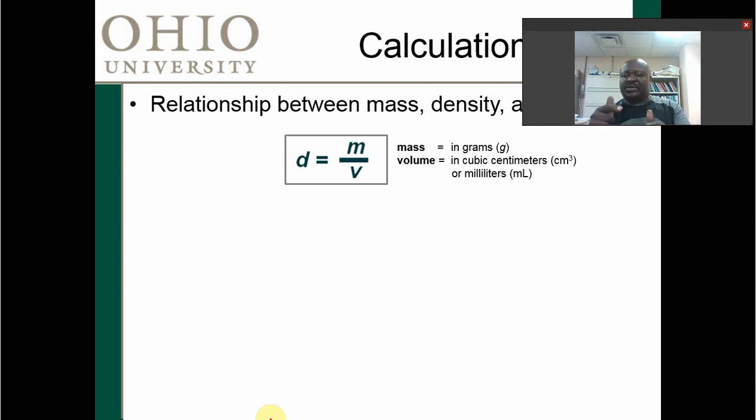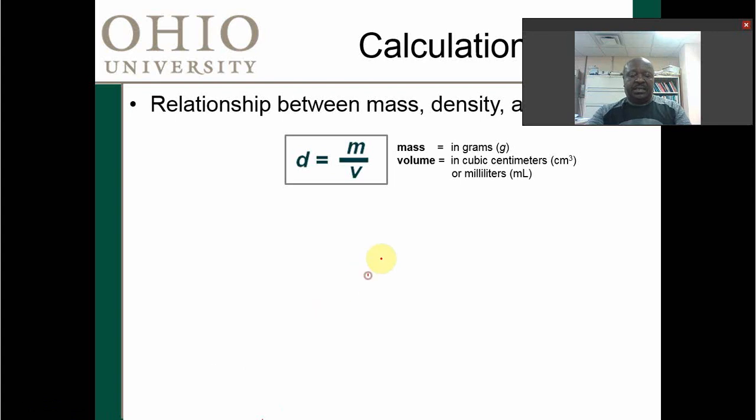What's the difference between those two? They're actually the same volume, but you typically use milliliters if it's a liquid or a solution, and centimeters cubed if it's some solid. All right.